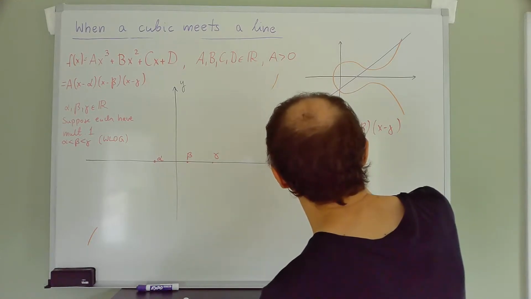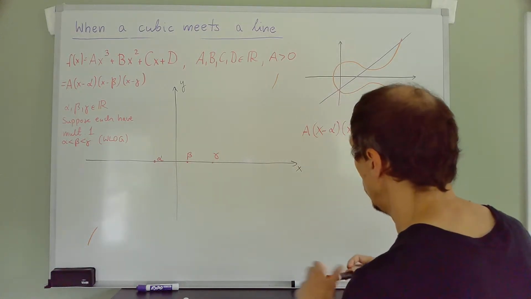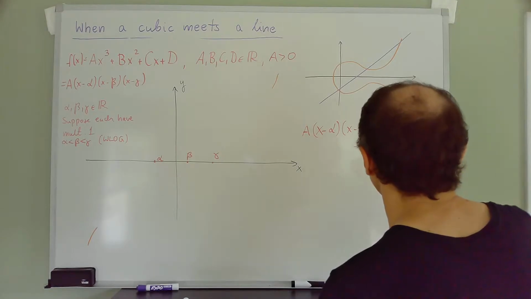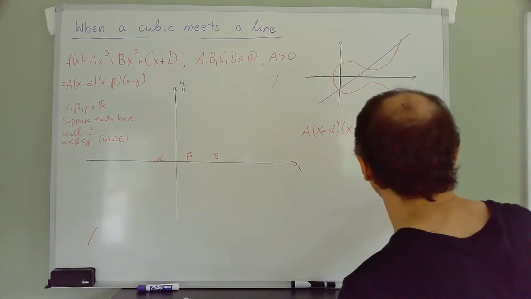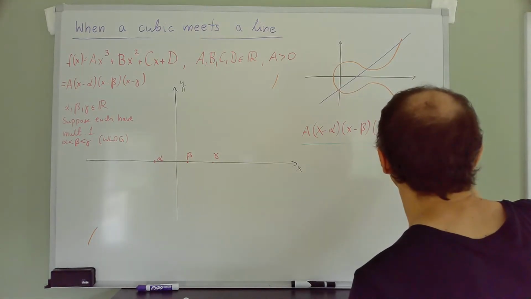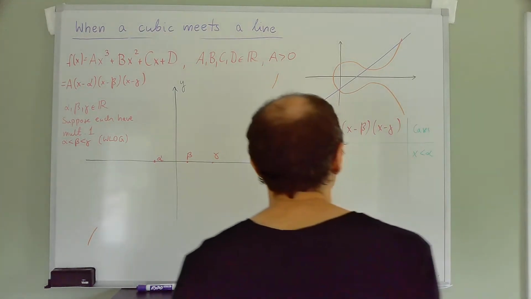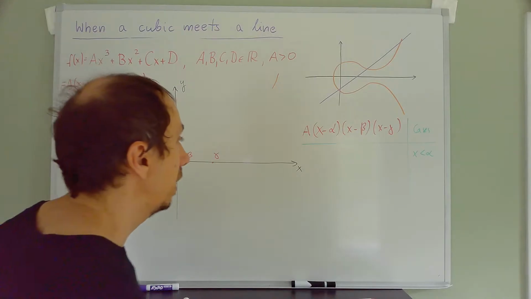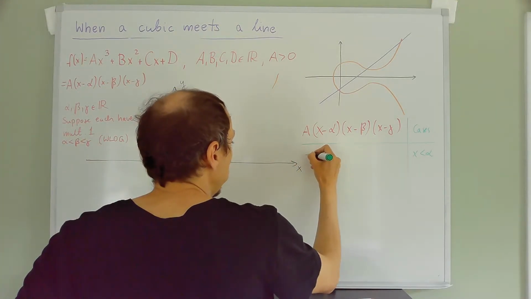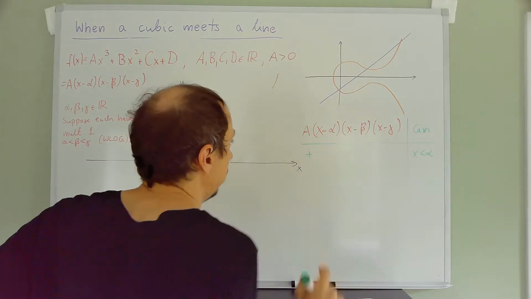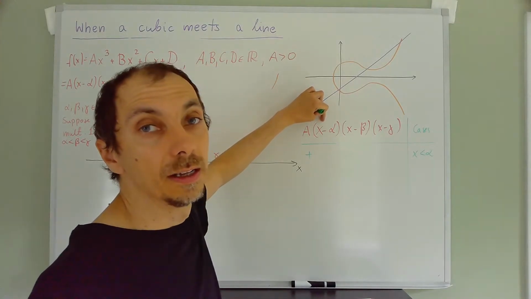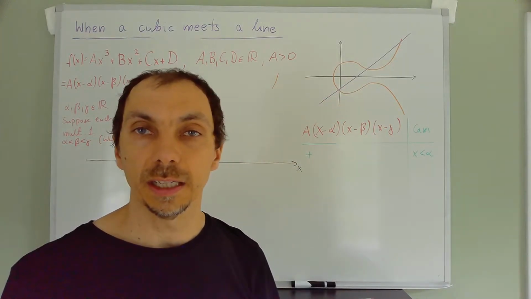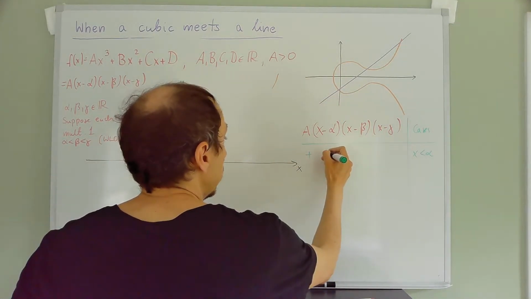There's a, which is always positive, that's what we assume. So case 1, x is less than alpha. Then what do I have? Well, a is always positive. If I take x less than alpha, then x minus alpha will be negative.